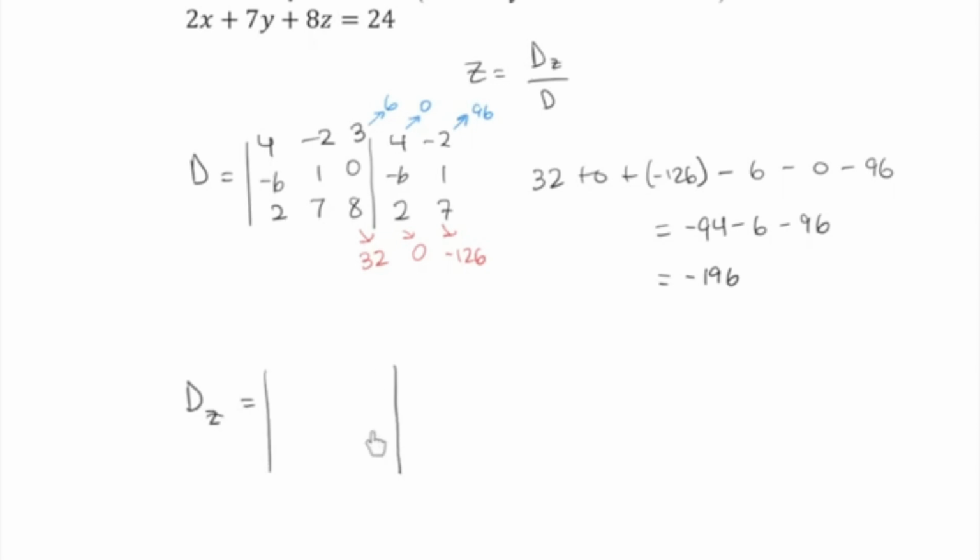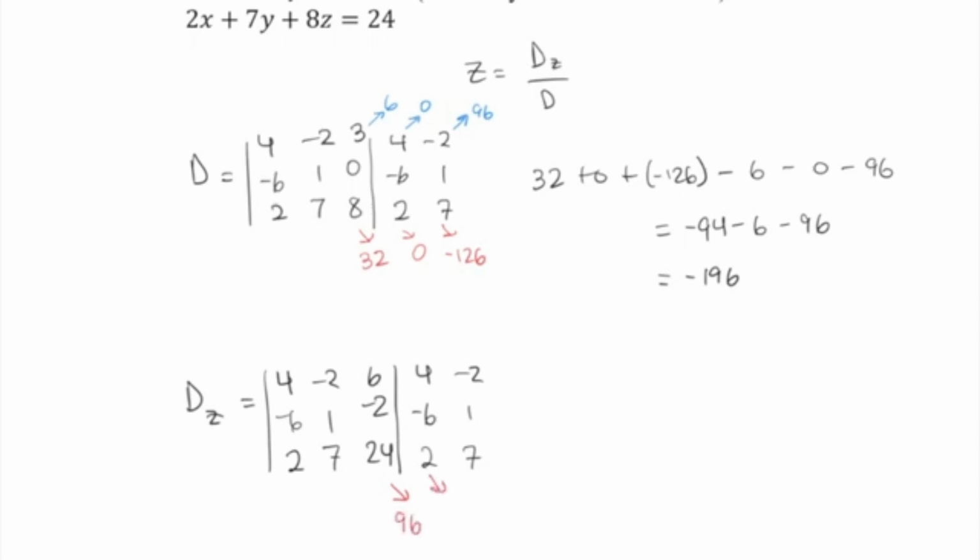So repeat this process for d sub z. The subscript means the z column is going to have the values here after the equal sign, 6, negative 2, and 24. Then we're going to copy those first two columns again. So from the top left to the bottom right, 4 times 1 times 24 is 96.